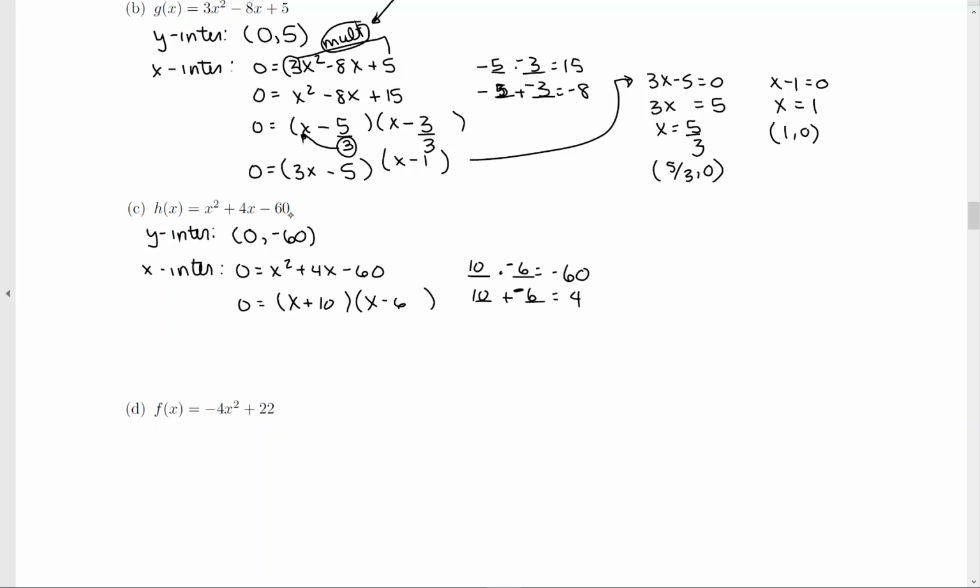Now I didn't multiply by anything at the very beginning, so I can just go ahead and straight up set x plus 10 equal to 0, x minus 6 equal to 0, and then solve for x. X equals negative 10, x equals 6. My 2 points: oops, make that (-10, 0) and (6, 0).